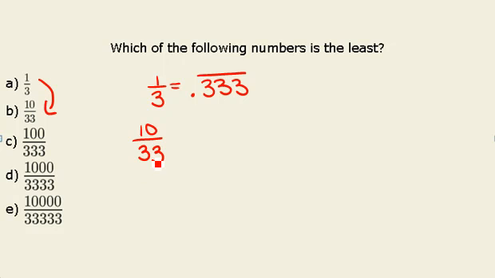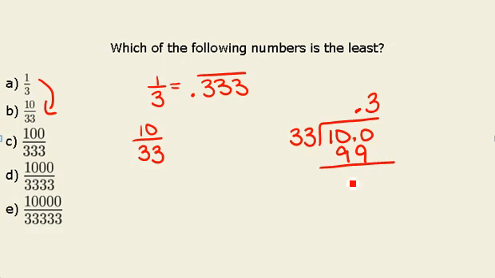10/33. One way we can do this is to use the division algorithm and ask ourselves about dividing 10 by 33. Using that standard algorithm, we would look at how many times 33 goes into 100, and we're going to see that it goes in there 3 times, giving us 99, and then subtracting and continuing this process. 33 does not go into 10.